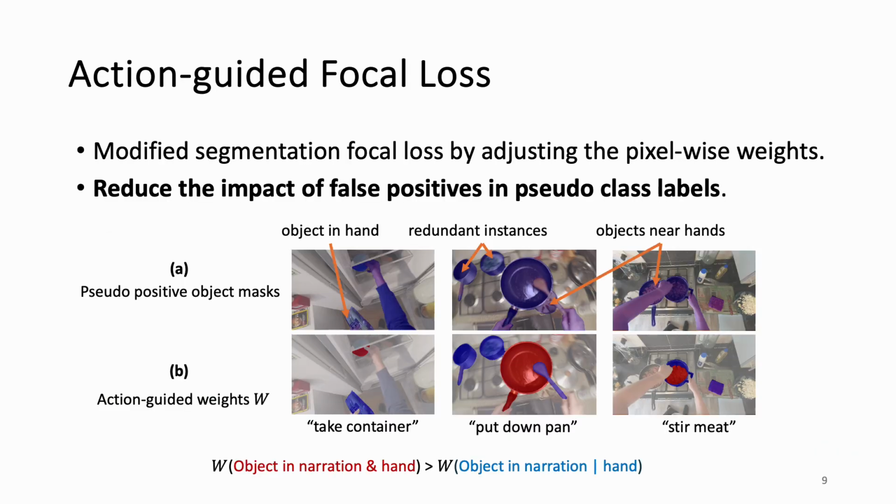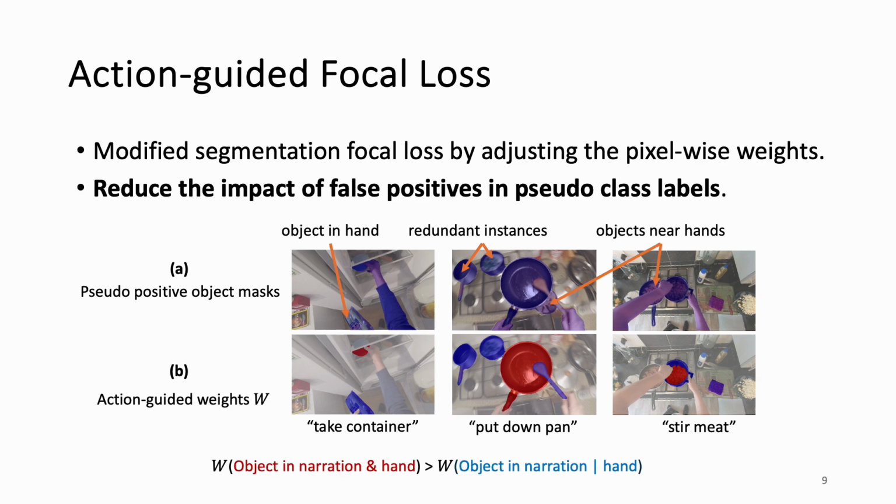The pseudo-labeling module brings many false positives because sometimes the object in hand or near hand is not active. Also, some redundant instances are mentioned in the action prompt, but not really used in the action. So in addition, we propose an action-guided focal loss to adjust the pixel-wise weights and reduce the impact of false positives.